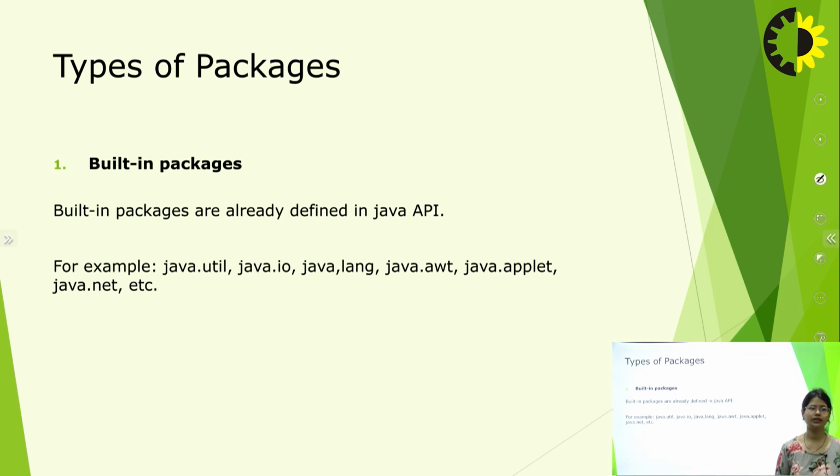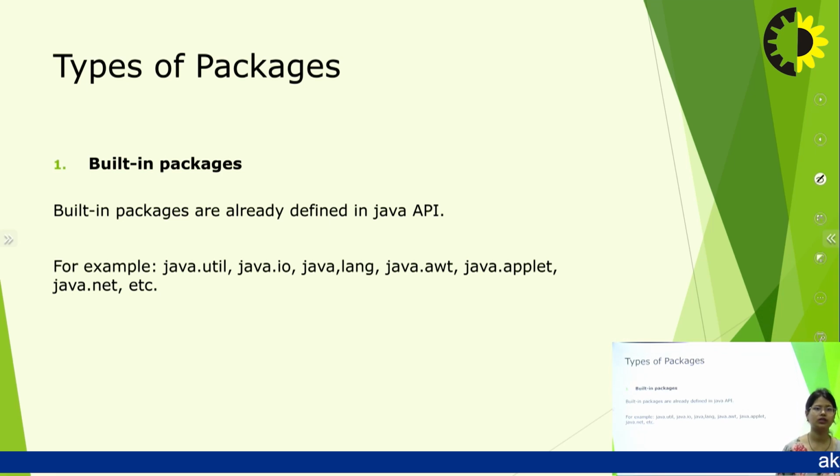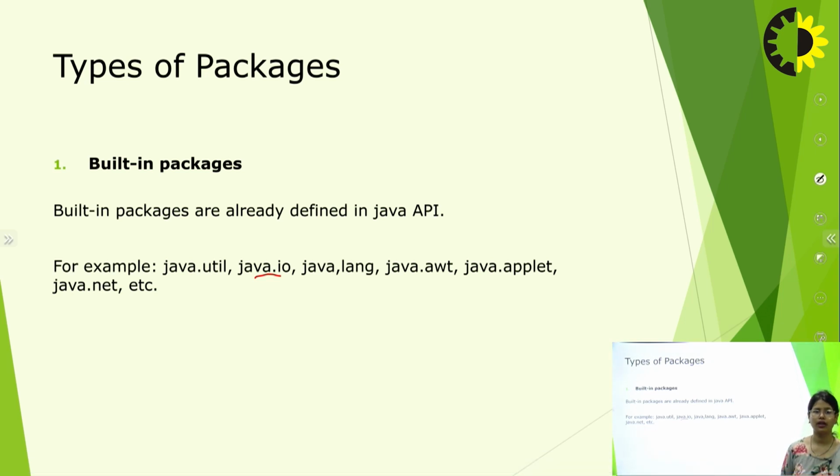Now let's understand the types of packages. The very first is built-in packages. We have already discussed java.util, java.io, java.lang, java.awt, java.applet and java.net. These are all built-in packages, already defined in Java, and you don't need to write any code for them.